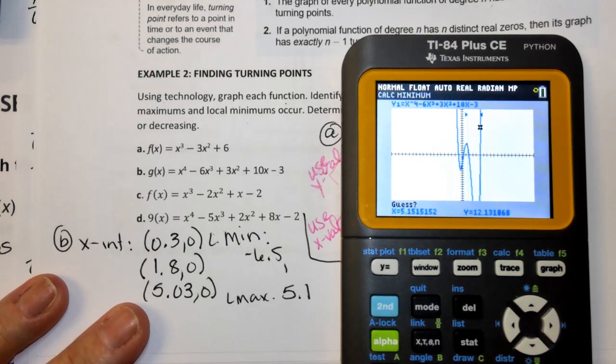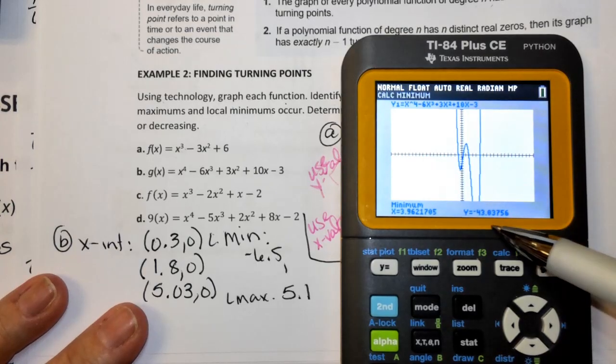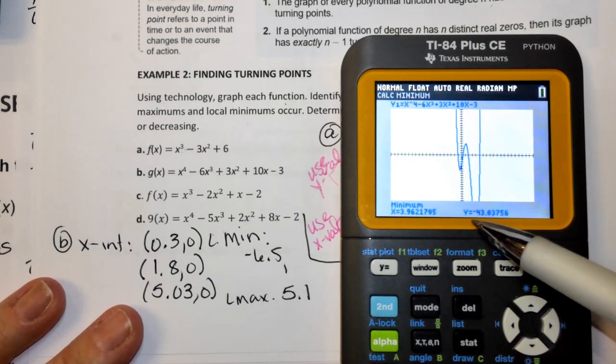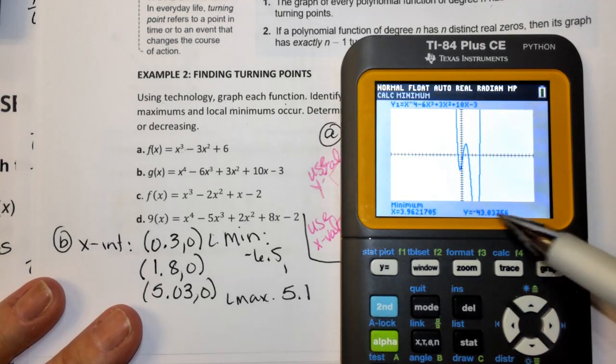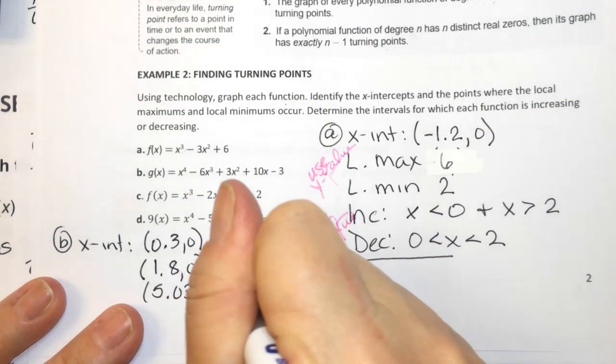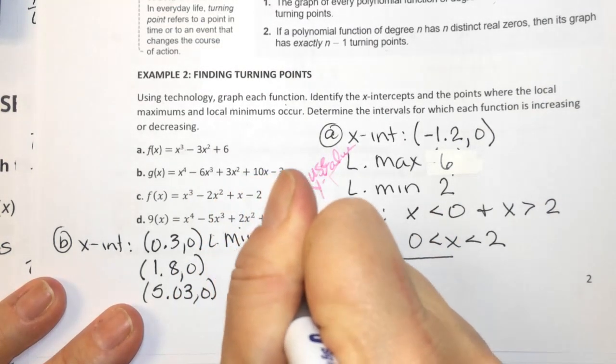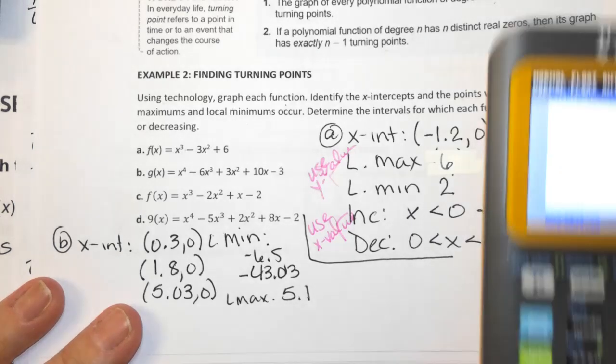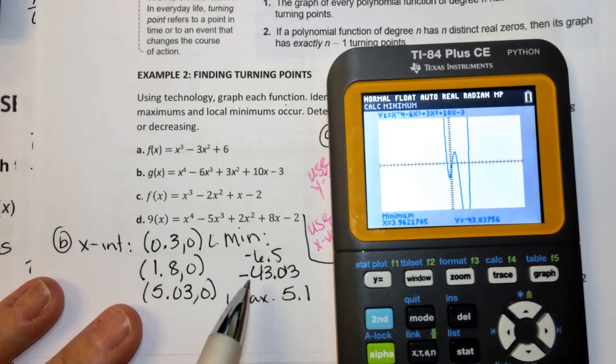That's good, right there. And so it does, and it's a good thing because we would be zooming out for a while. So in this case, it is negative 43.0. Just because it's not exactly negative 43, let's put that 0.03 in there. So we would say negative 43.03. So we have two minimums, two maximums.